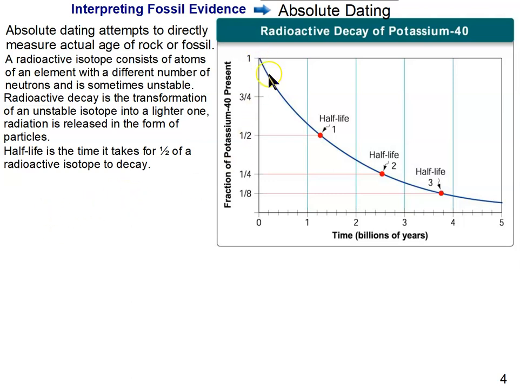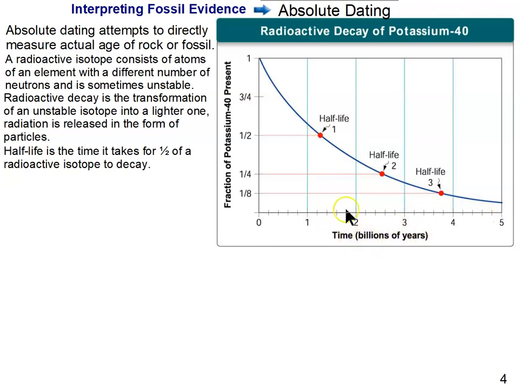So when half the potassium-40 is gone, the period of time it took for that to happen, for half of the potassium-40 to go away, not go away, but to decay into argon, that's known as its half-life. And if you look on the scale here, we're talking billions of years.